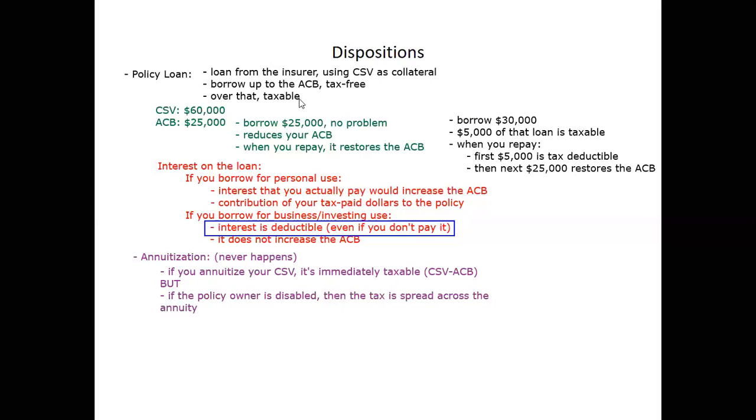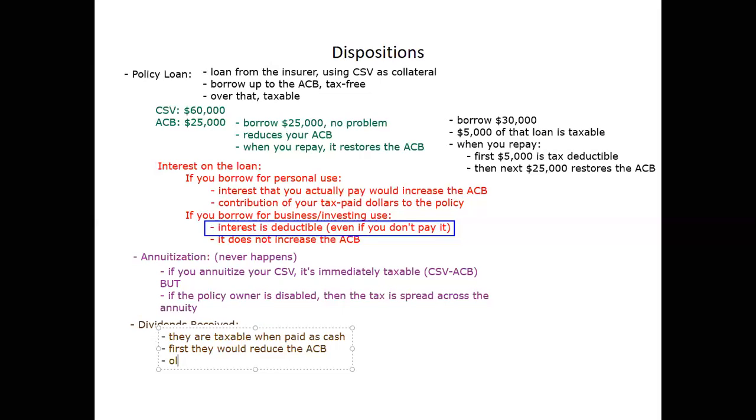And then the last we'll look at is dividends received. Dividends are a little bit tricky here, but if you have dividends paid from your policy, they are taxable when paid as cash. But the first thing that they would do, they would reduce the ACB.